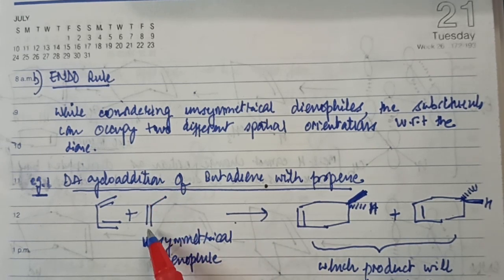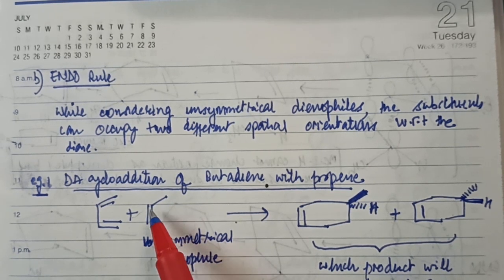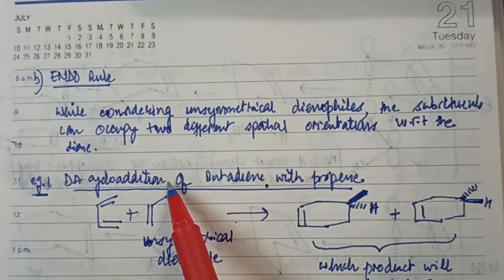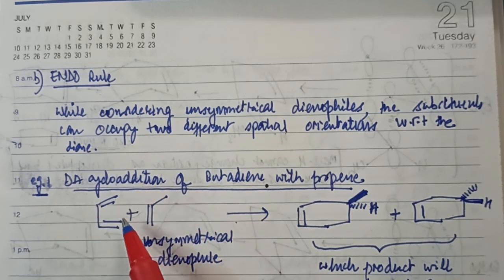The difference is that on this carbon atom you have 2 hydrogen atoms, whereas on this carbon atom you have 1 methyl and 1 hydrogen. Therefore, this dienophile is an unsymmetrical dienophile, and the position this methyl substituent will occupy with respect to this diene would decide which product will predominate and whether it is an endo conformation or an exo conformation.